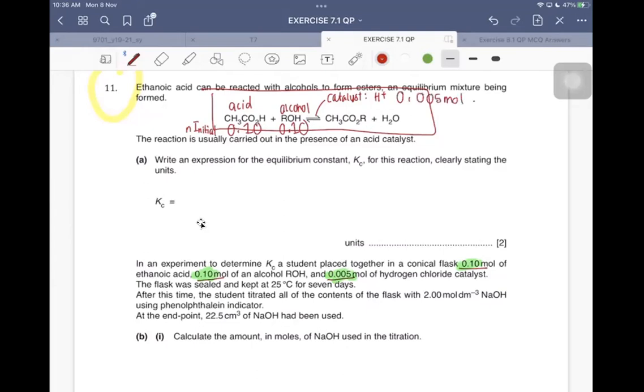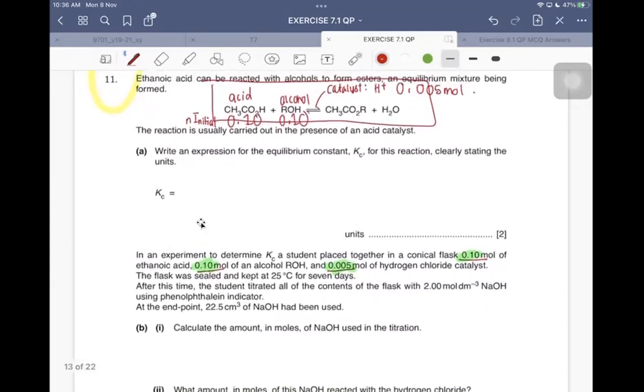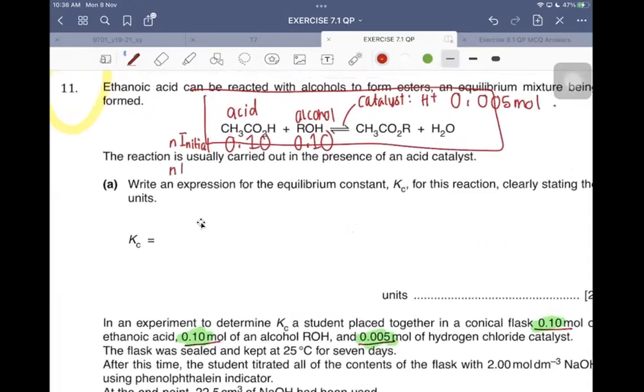But we all know that the catalyst will not be affected. But we cannot ignore it. It's there. After this time, so after you have reached equilibrium, you know the number of moles at initial. The question now is the number of moles at equilibrium.